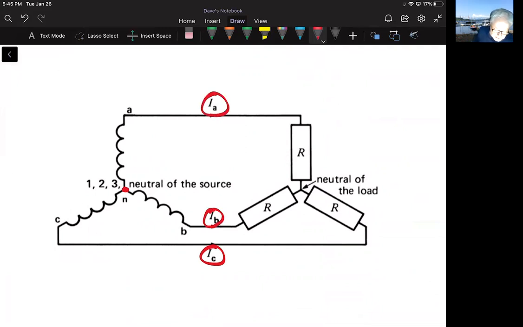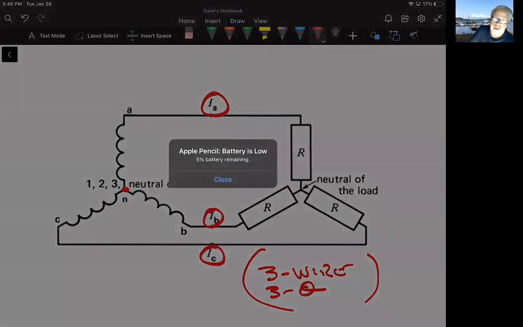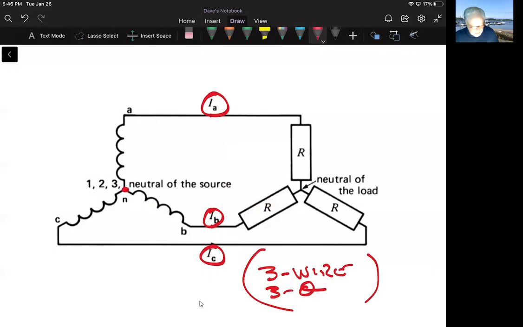And so this is a 3-wire, 3-phase system. So we had 3-phase 6-wire, we had 3-phase 4-wire, and now we had a 3-phase 3-wire system.